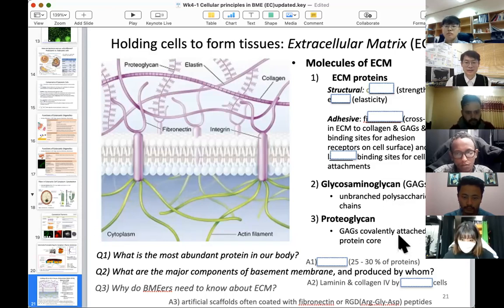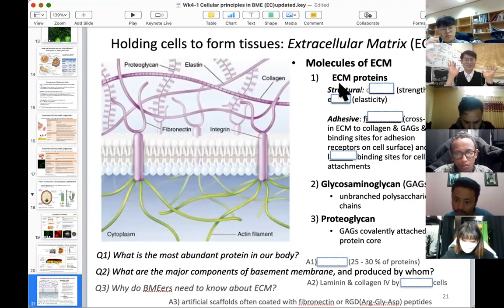So let's see. Laxman? Yes, Professor. Can you guess who makes this basement membrane, which is laminin and collagen type 4? Which cell? Sorry, Professor, I have no idea about that. That's fine.